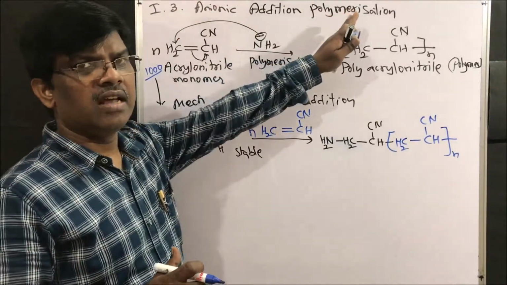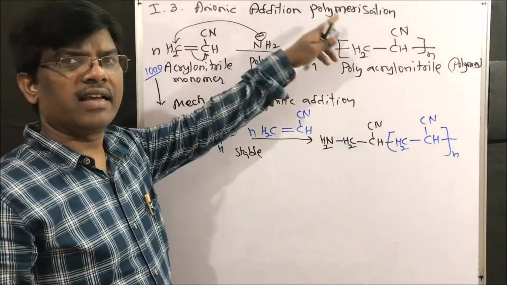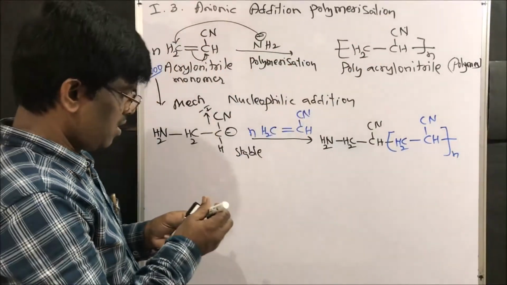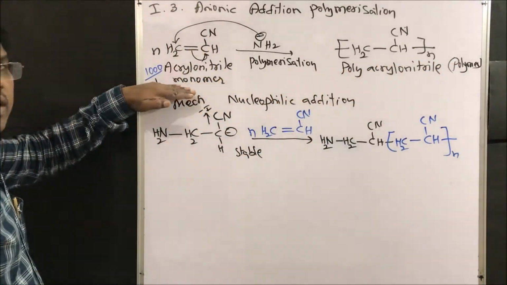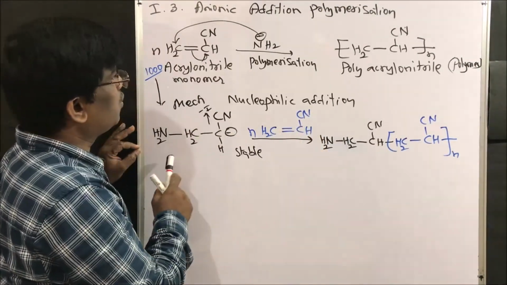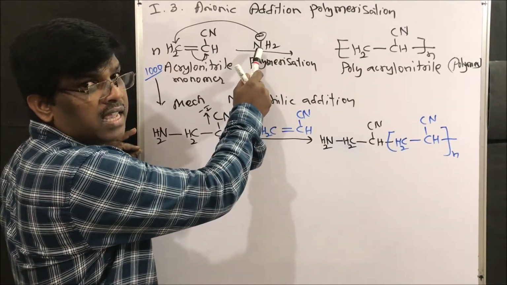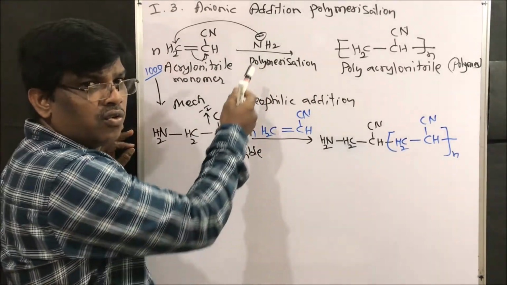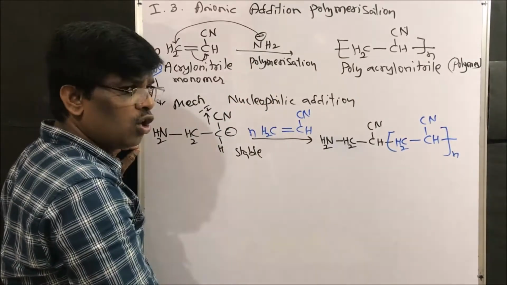So, polymerization mechanisms. Under addition polymerization, we have learnt about free radical addition polymers, then cationic, and now anionic addition polymerization. Under this, polyacrylonitrile is a polymer prepared from acrylonitrile monomer, right? The mechanism follows a nucleophilic addition reaction. Since it is a nucleophilic addition reaction, the amine is a nucleophile. Yes, friends, I have explained nucleophiles and electrophiles. You can find the link to watch that video, on what is nucleophile and electrophile, in the description of this video.